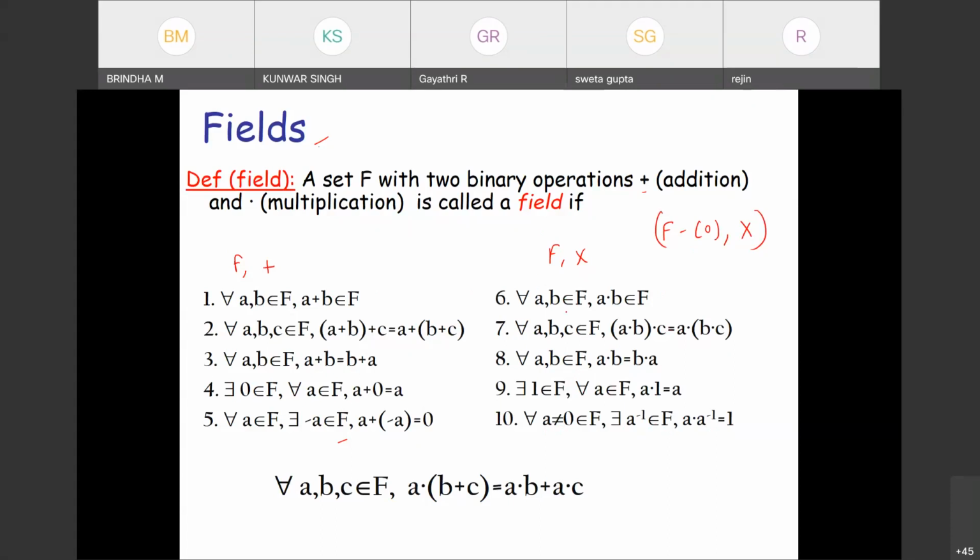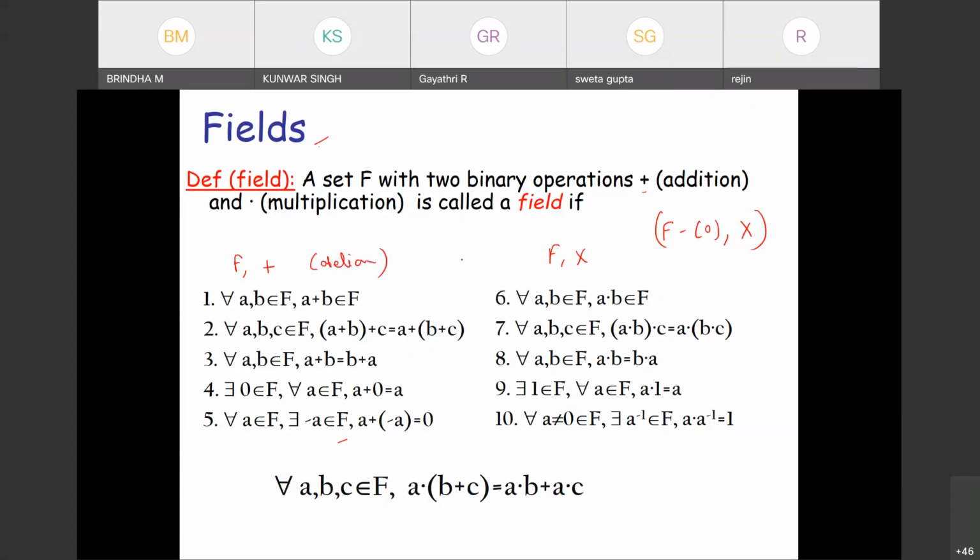Because this is also a group, we have closure in the multiplication case, associativity, and here one extra thing is abelian, commutative. So these are two abelian groups.